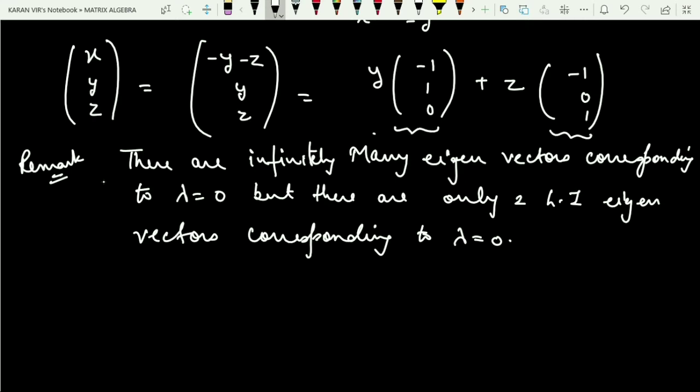And the number of these two linearly independent vectors is called the geometric multiplicity of lambda equals 0.